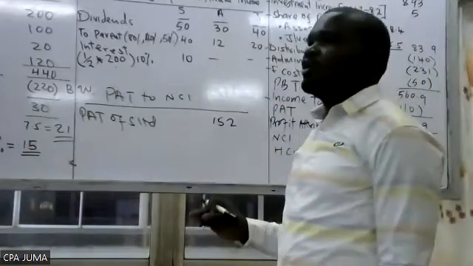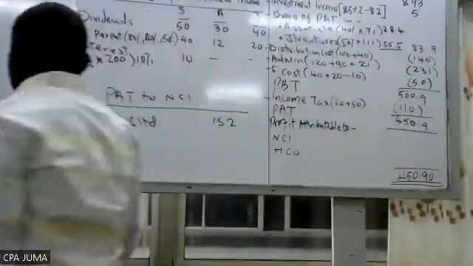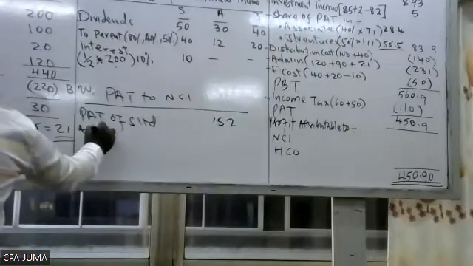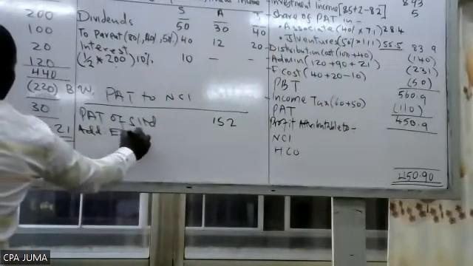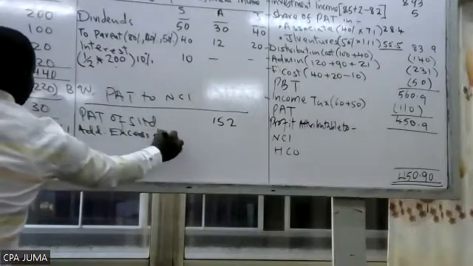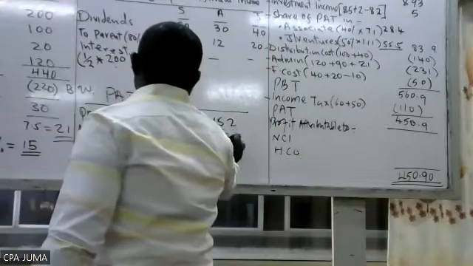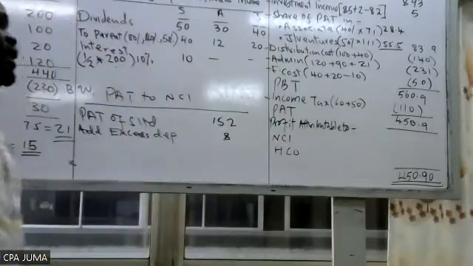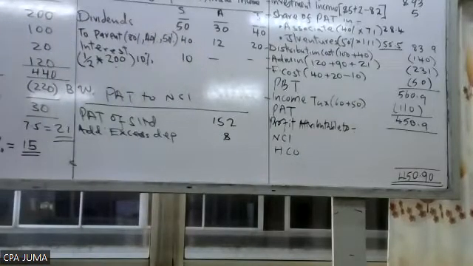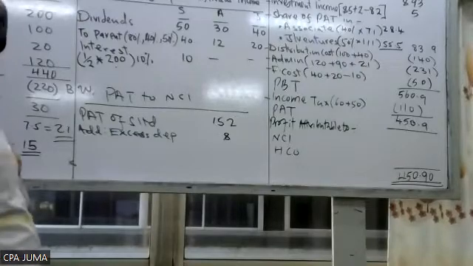So that one ignore. They were charging excess depreciation. You add back excess depreciation. Every year, they were charging excess by how much, Thomas? They were charging excess by 8. So add back. Then this was full method.